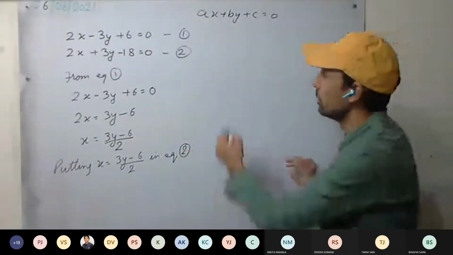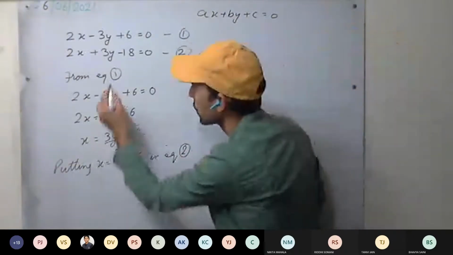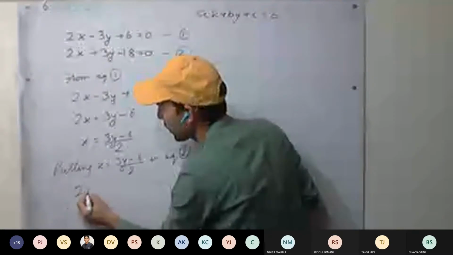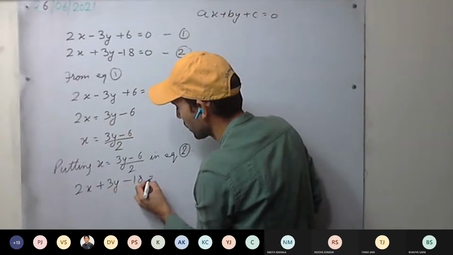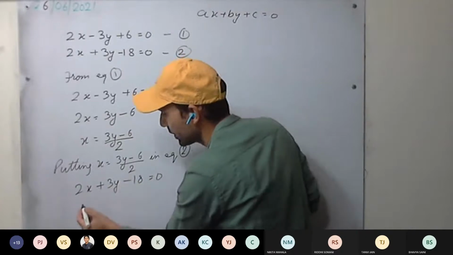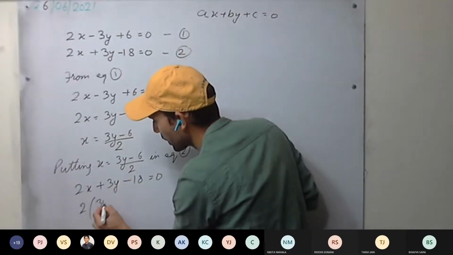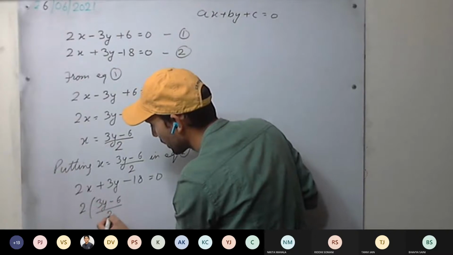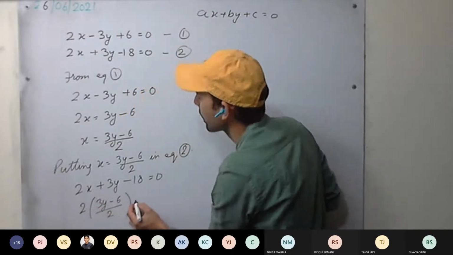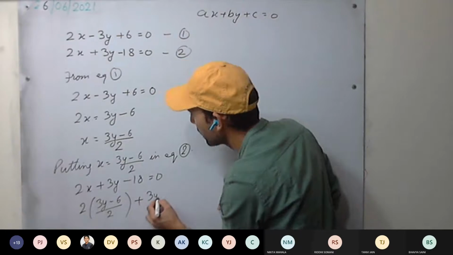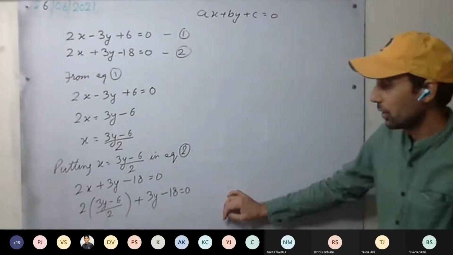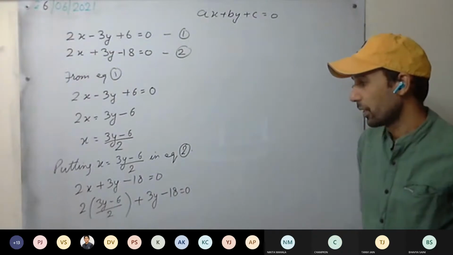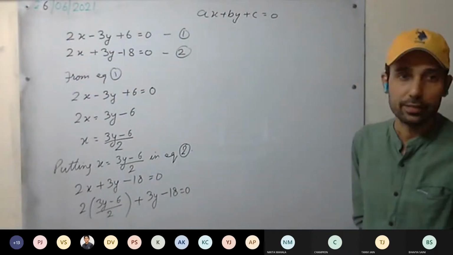Our equation will be reduced to: the equation is 2x plus 3y minus 18 equal to 0. Put the value of x here: 2 times 3y minus 6 divided by 2, plus 3y minus 18 equal to 0. Solve it further and find the value of y.